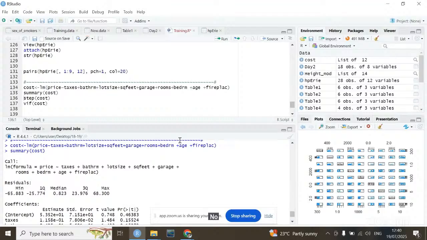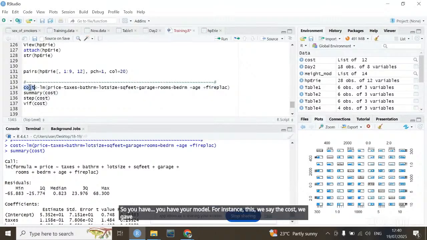Now, with stepwise regression, you have your model. For instance, we gave the name of our model as cost.